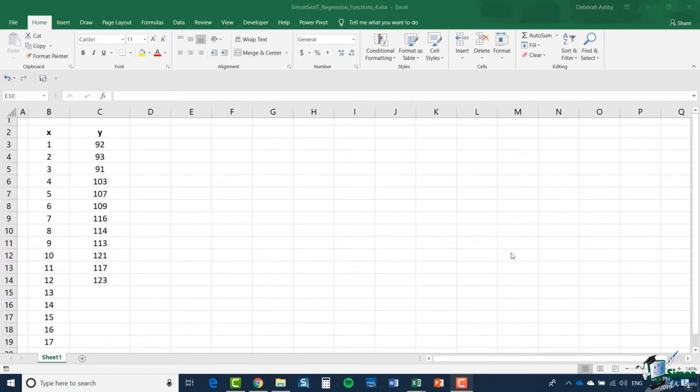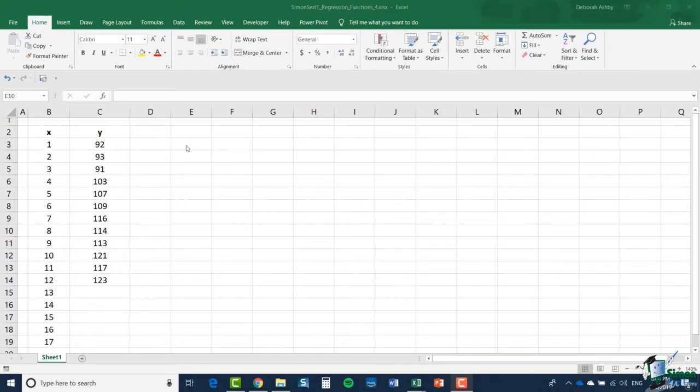Now, when we actually use the Linest function, we apply it as an array formula, and before I use it, I need to know how many rows or how many columns I need to select. The number of columns will be the number of independent variables plus 1. So in this case, x is my independent variable, and therefore I need 2 columns.